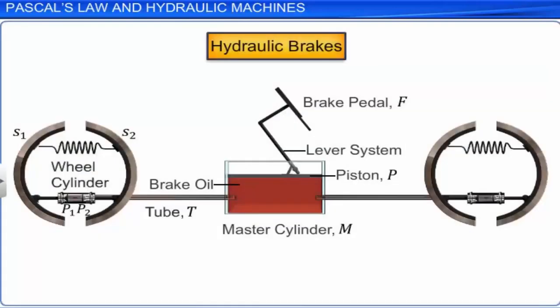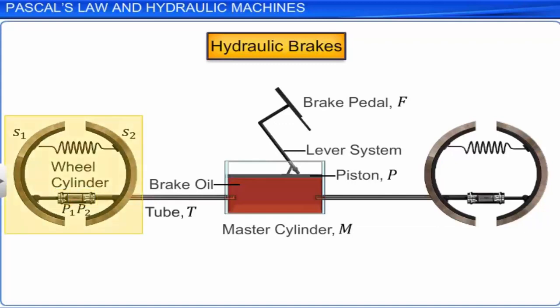A hydraulic brake consists of a master cylinder M, filled with brake oil and provided with an airtight frictionless piston P. Through a lever system, the piston is connected to the brake pedal F. Through a tube T, the master cylinder is connected to a wheel cylinder C, consisting of two pistons P1 and P2, which are connected to brake shoes S1 and S2. The same system is connected to the other wheels of a vehicle.